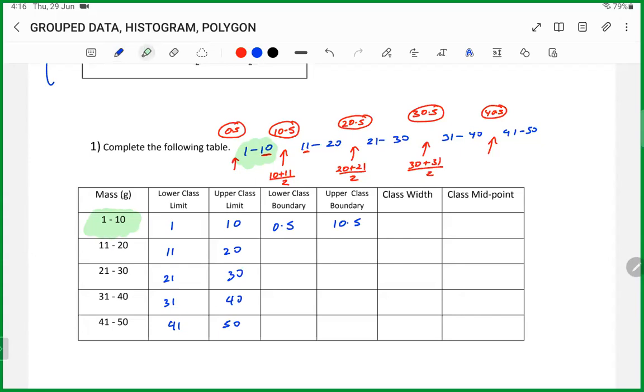Now, if we look at the next class, the limits don't overlap, but the boundaries do overlap. So the lower class boundary of the second class is 10.5. And then the upper class boundary of the second class is 20.5. And then once you start to see a trend, you could just fill in the trend. It's not going to be too difficult once you see the trend.